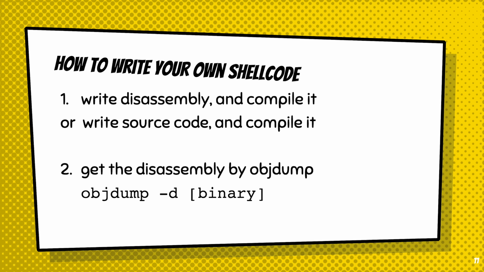So disassembly really doesn't help because you're not going to copy-paste the disassembly onto the input. But if you have the disassembly, you will be able to map the disassembly with the bytecode so that you can ensure that the bytecode that you want is what you need for shellcode.